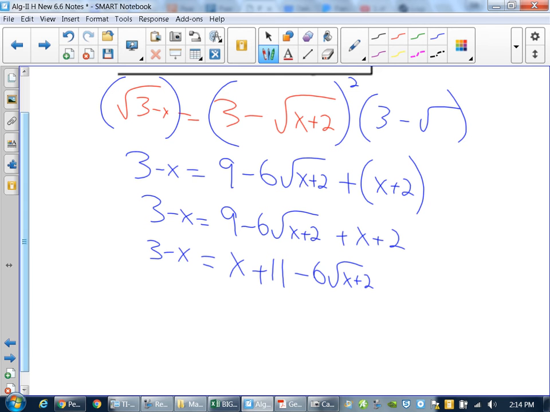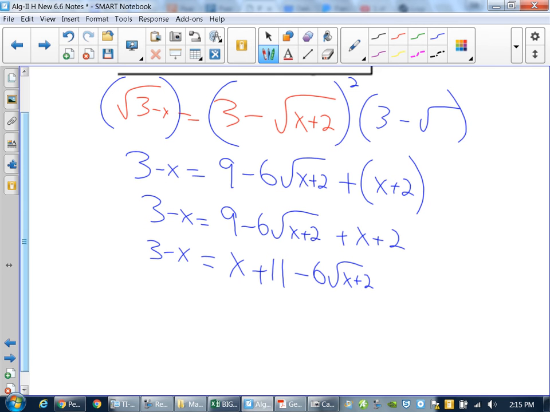And I get that. How did I get 11? Oh, I know, I got it. So again, I'm still stuck with a radical on one side. But if I move some things around, I can have a radical on one side and integers and variables on the other. My suggestion, go with positive variables and positive radicals.